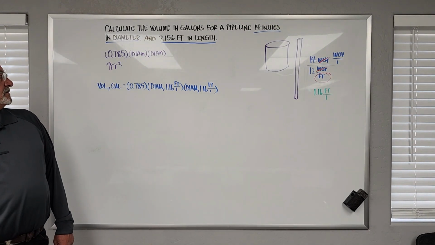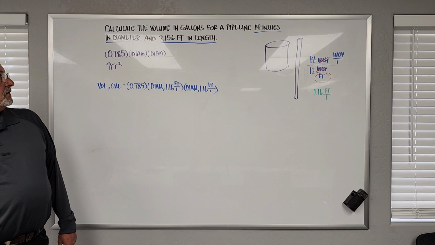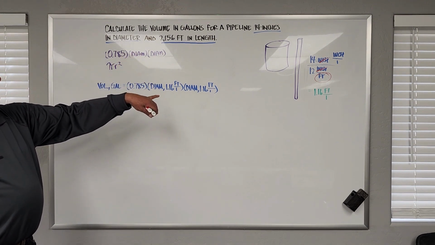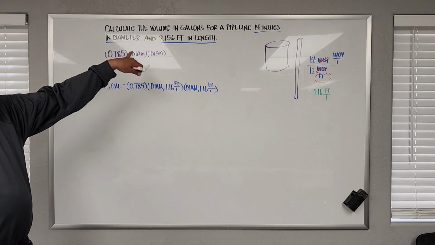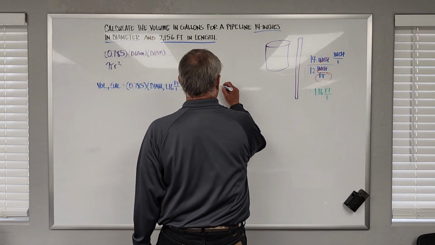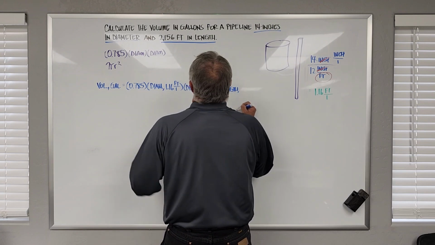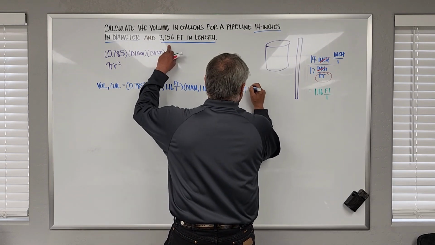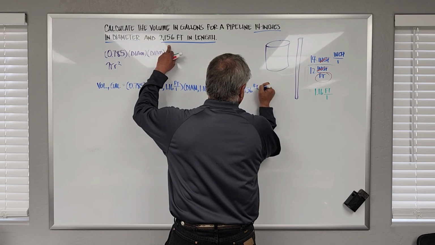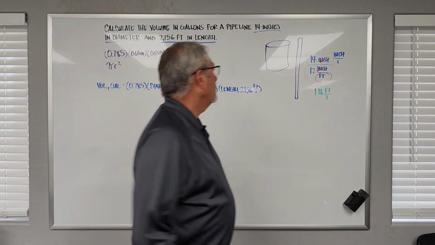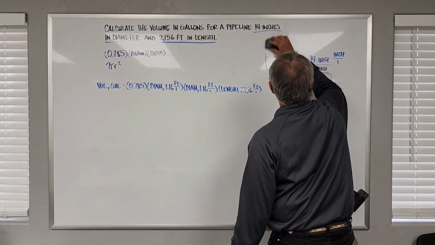Does that get me to gallons? Not yet. Not even close. I need length in there. I need volume, so I need the length in there. So the length, 2,156 feet over 1. We all know what a cylinder looks like and a straw. I'm going to get rid of this.